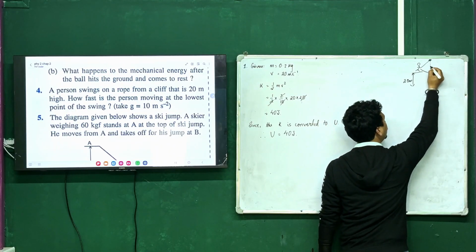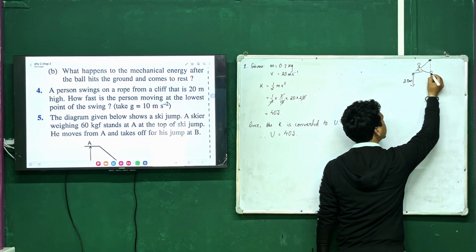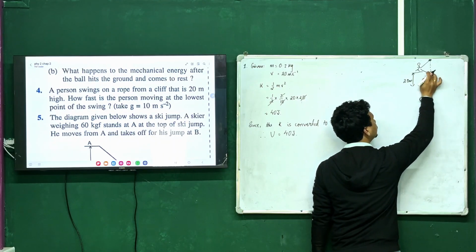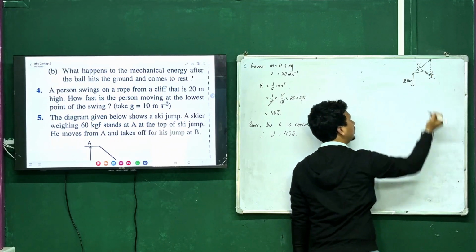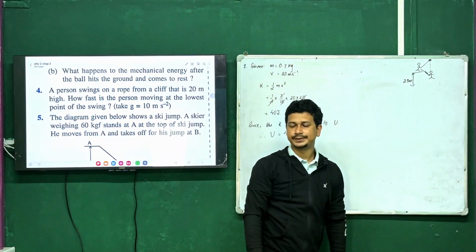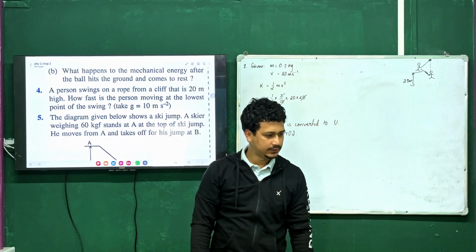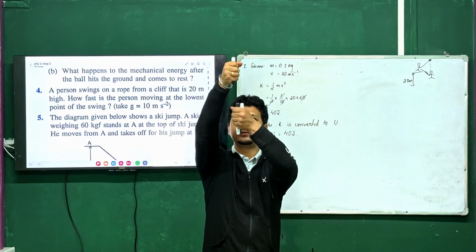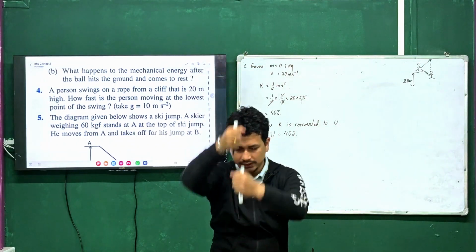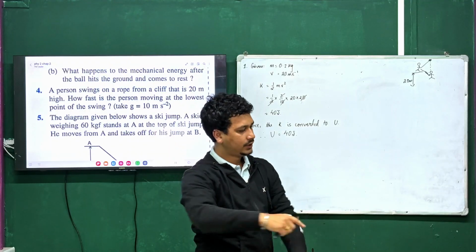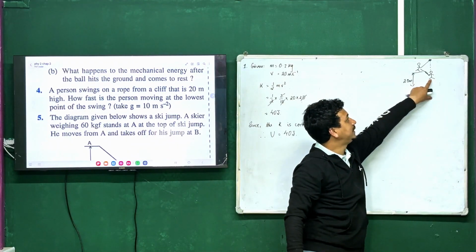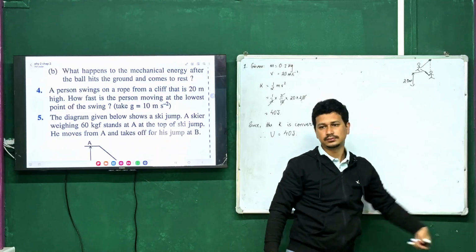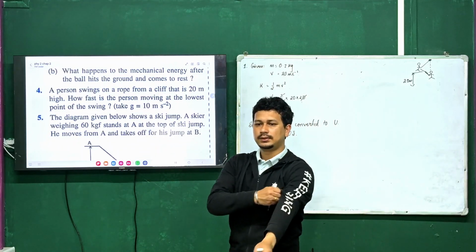You have to find out what is his velocity at this point. Do you get the question? Hanging like this from a cliff 20 meters high, and then he is swinging, right? So as he goes down, his velocity will increase. What will be his velocity at the lowest point? How should we do?